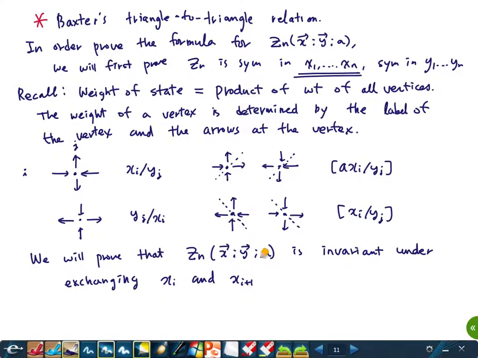Each row kind of corresponds to xi, so think of this row as xi, and this vertical column as yj. If you have a vertex meeting at xi and yj, the label will be xi over yj.